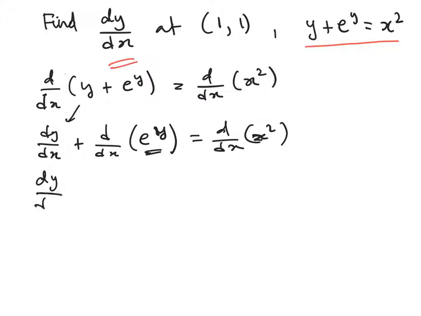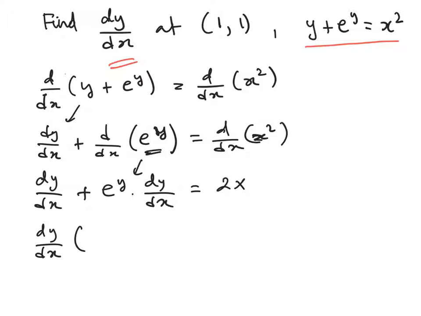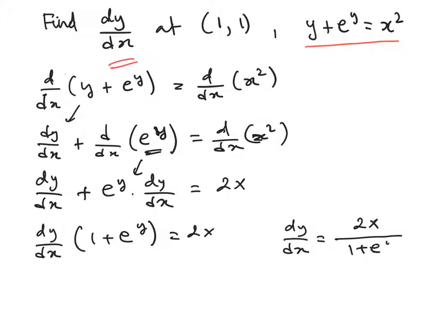So dy over dx, now we use the chain rule and we say that d of e to the y over dy gives e to the y, and we multiply by dy over dx, equal to 2x. dy over dx factored out, 1 plus e to the y, equal to 2x, which gives dy over dx equal to 2x divided by 1 plus e to the y.